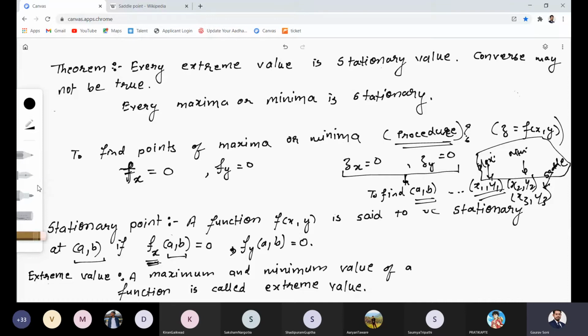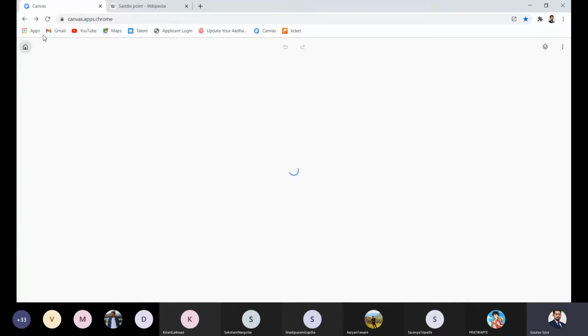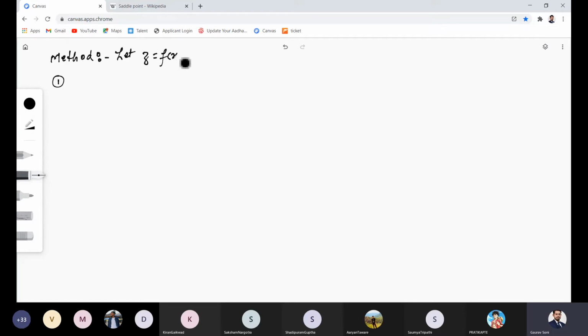So let's come out again with the procedure and the method. Step 1: let z is equal to f of x comma y. Consider z x equal to 0, z y equal to 0.